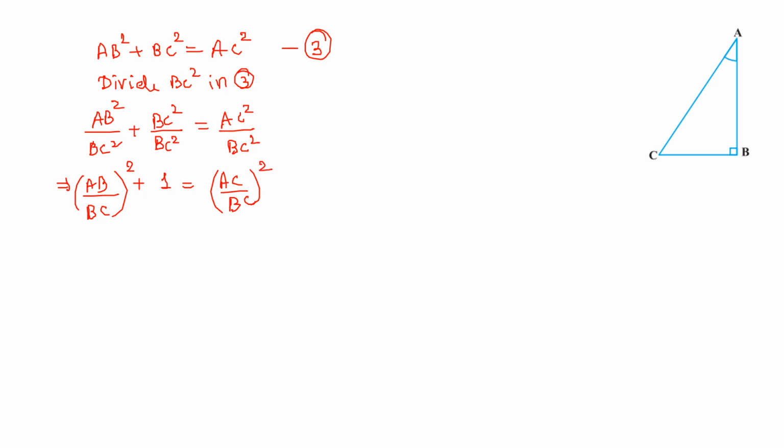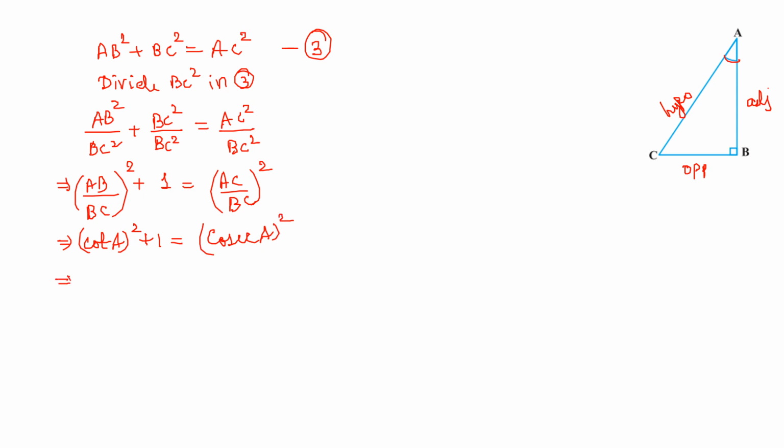Now with respect to this angle A, BC is the opposite side, AB is the adjacent side, and this is the hypotenuse, isn't it? And AB by BC, if you see from the big figure, is adjacent by opposite, so it will be cot A, isn't it? And AC by BC, hypotenuse by opposite, is cosec A. So from here I can write cot A whole square plus 1 equal to cosec A whole square.